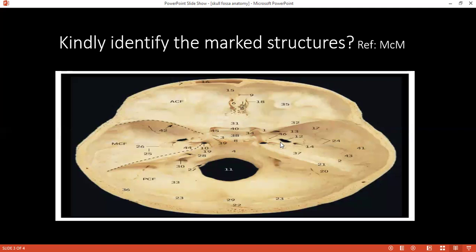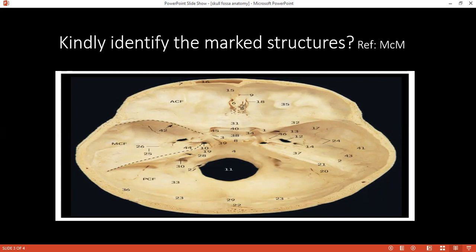Okay, good. Now, if we can quickly revise the boundaries of the posterior cranial fossa. Posterior cranial fossa boundaries: anteriorly by the petrous part of the temporal bone. Yes. And posteriorly by the occipital protuberance and occipital bone.